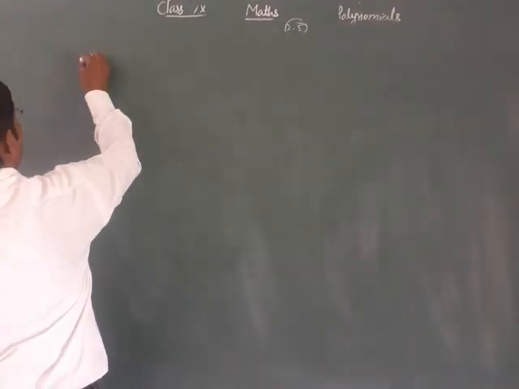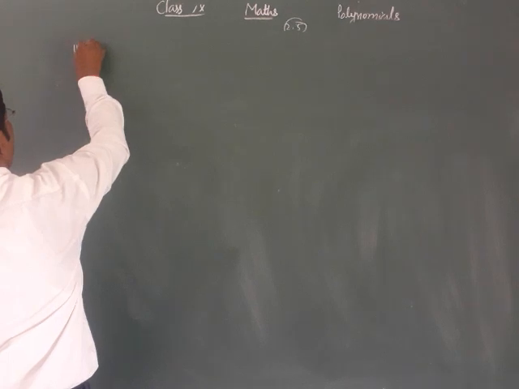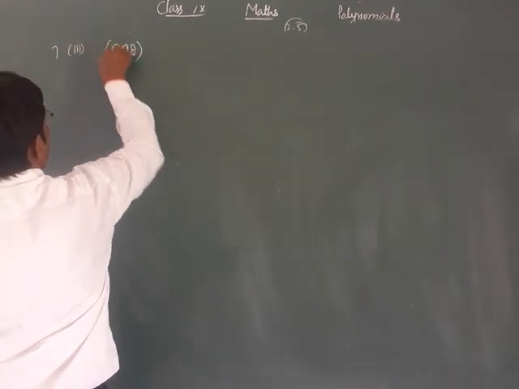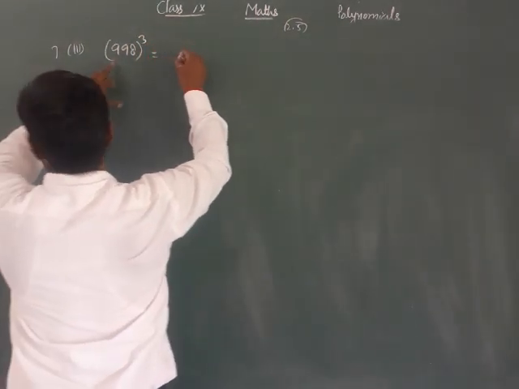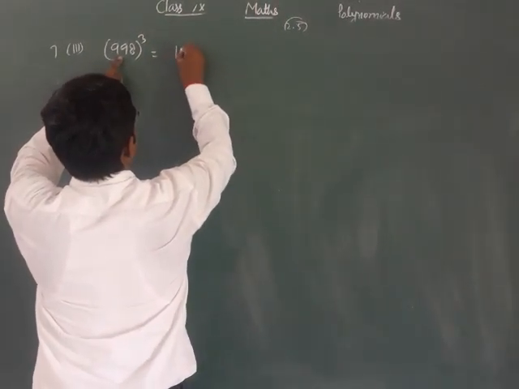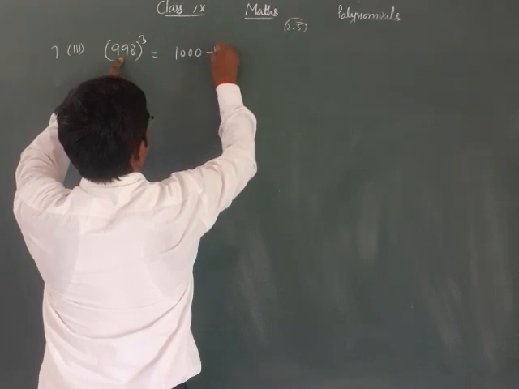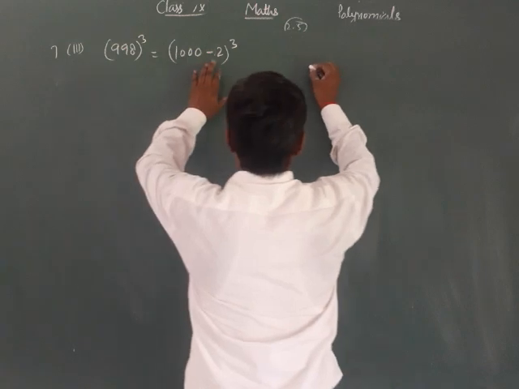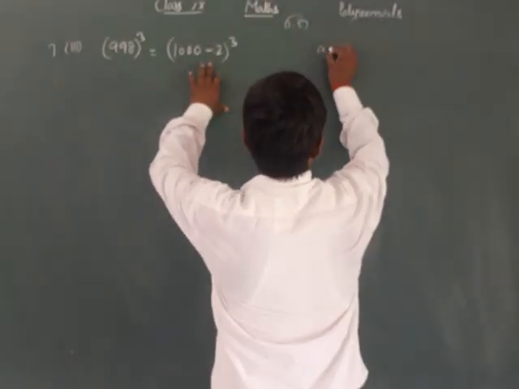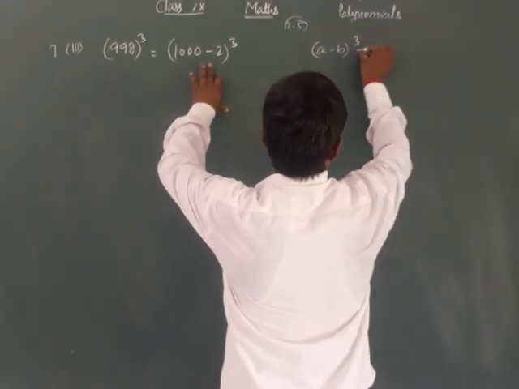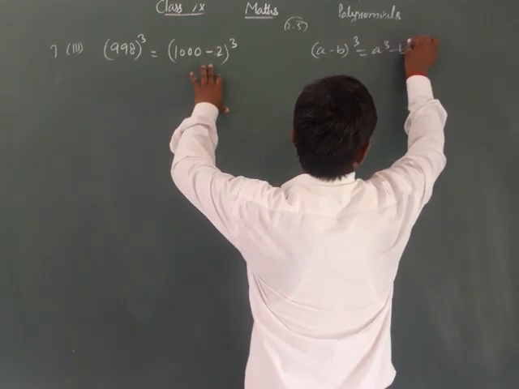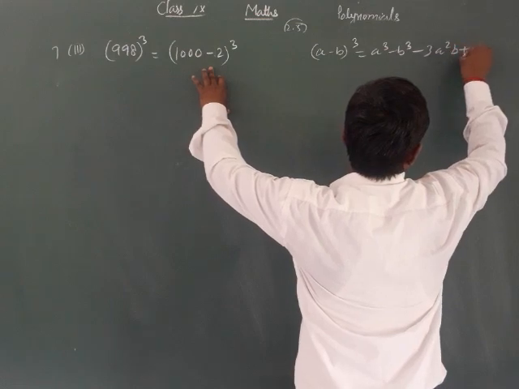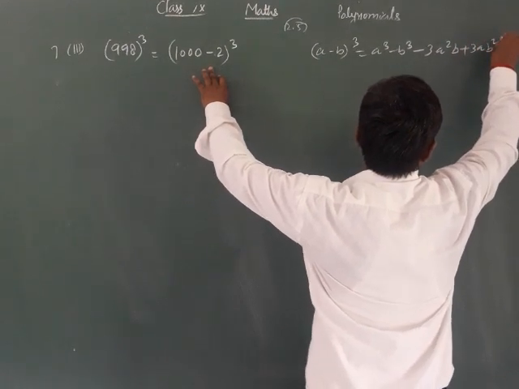Question number 7, third part. 998 whole cube. Now change it into the simplest form: (1000 minus 2) whole cube. Now use this identity, (a minus b) whole cube, a cube minus b cube minus 3a square b plus 3ab square.